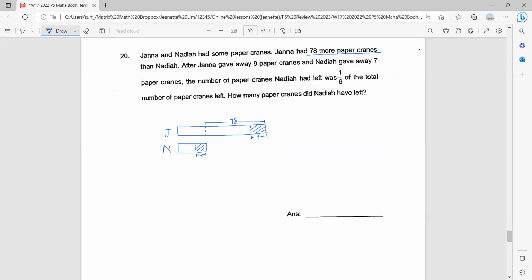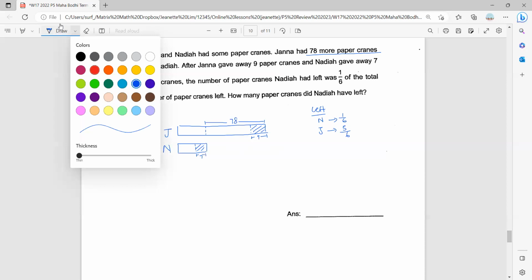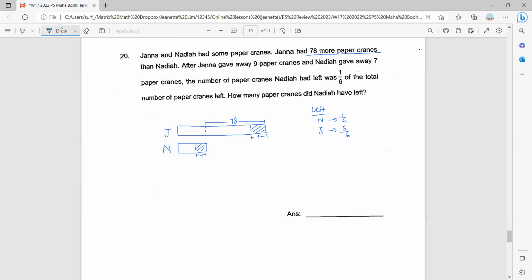Okay, so it means that whatever is left for Nadia is 1/6 of the total. And for Jaina, it's 5/6 of the total. So, sorry, I mean one is 1 unit, the other is 5 units. So Nadia had 1 unit left. Jaina had 5 units left. So this here is 5 units. Where is 4 units? 4 units will be here.